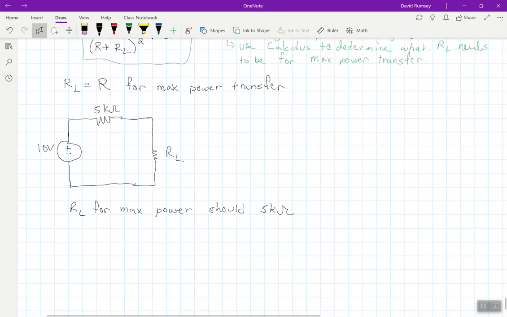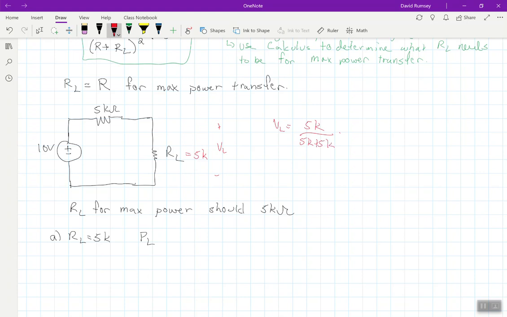So let's go ahead and do that. For part A, we're going to let RL equal 5K, and we're going to get the power of the load. Now, with this being 5K, this is a really easy problem. If I think of this as being the load voltage, this is simply going to be 5K over 5K plus 5K, voltage division, times 10 volts, which I picked all these numbers just to be really easy and nice for us.